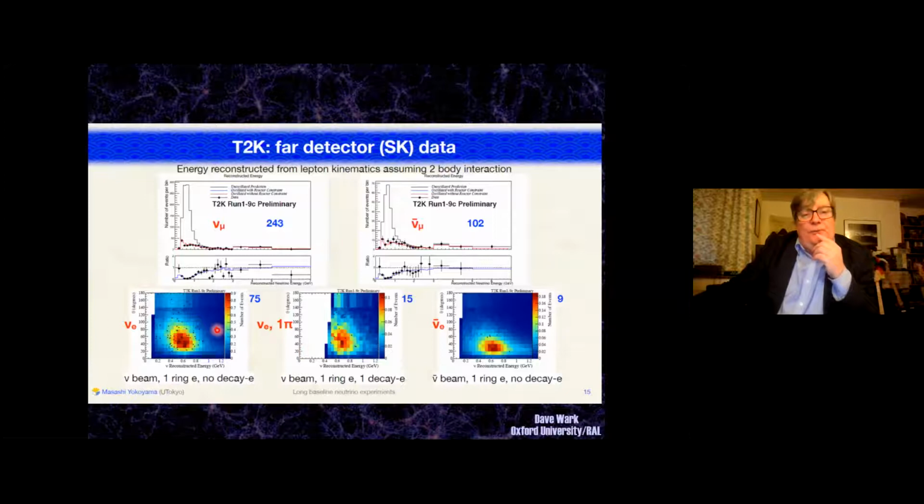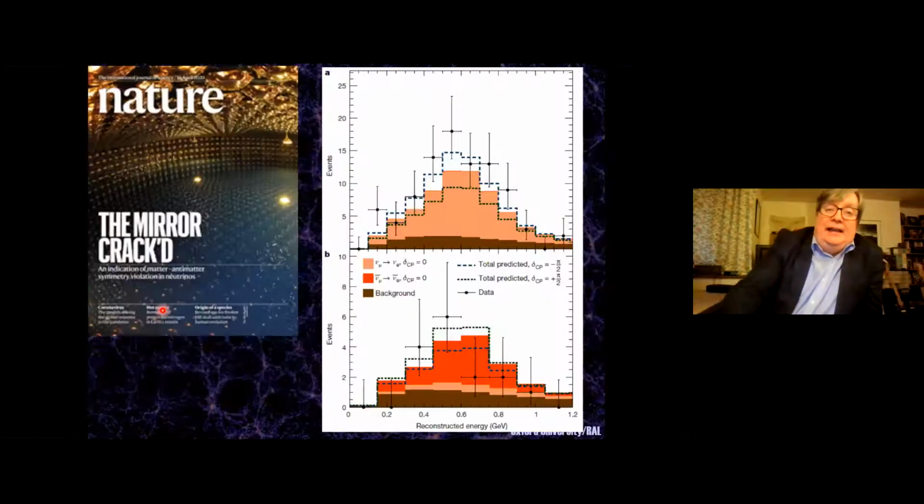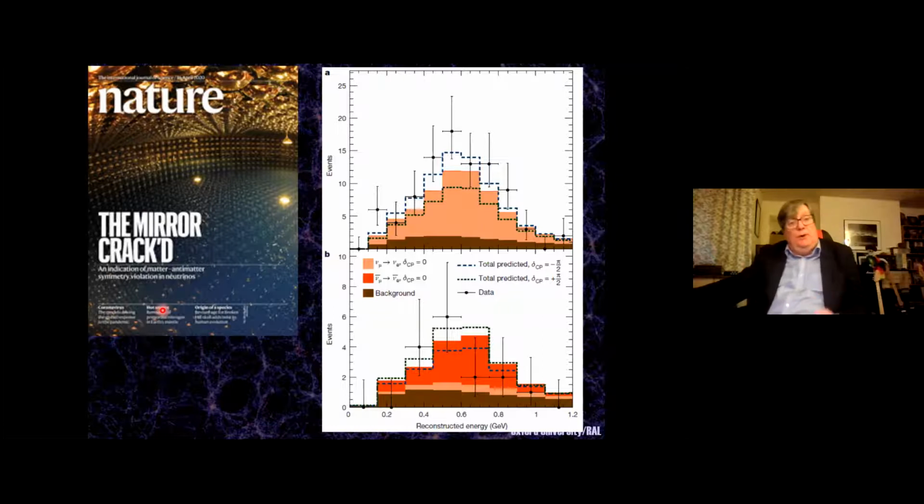And you see that for neutrinos and antineutrinos. So you compare this to look for CP violation. The experiment got quite a bit of attention last spring when we released the most recent results at that time. The results were on the cover of Nature.